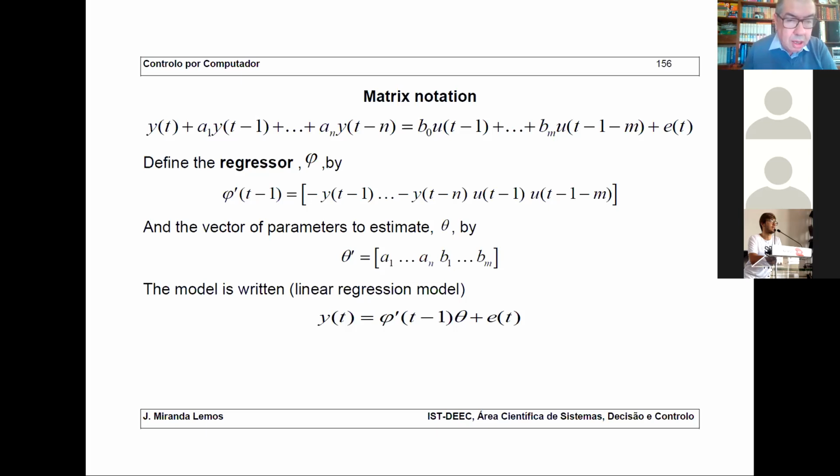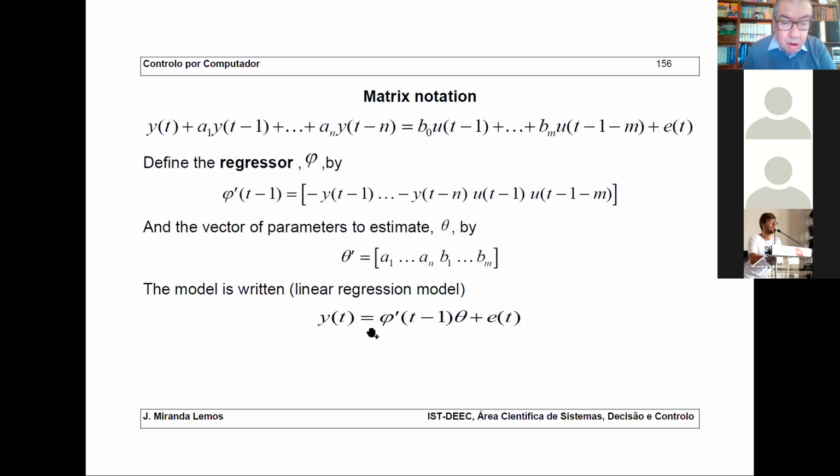A word about this expression, regressor. Regressor means to go back. So you are expressing y of t in the previous values of y. So you are going back in a sense. That's why we use this expression. Actually, this is a standard term from statistics.